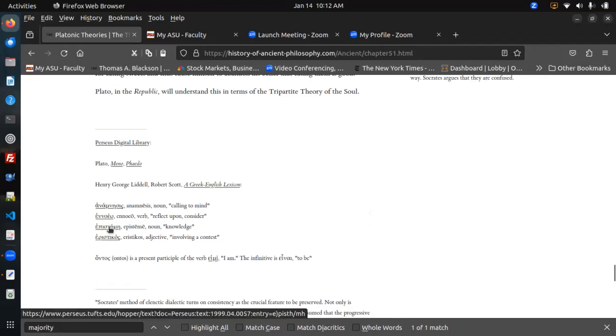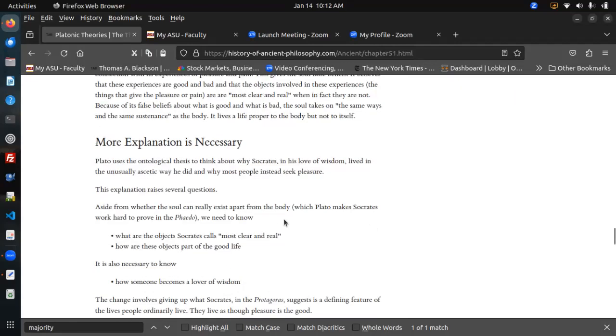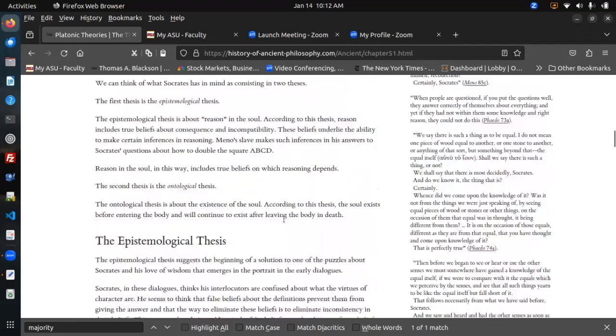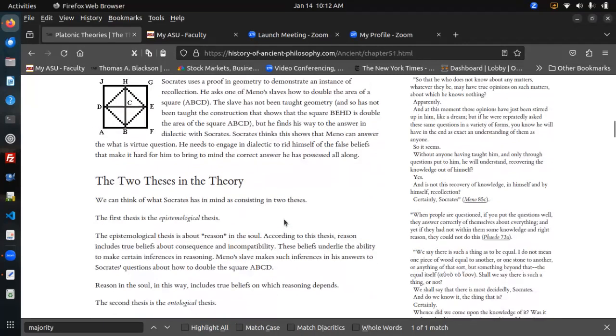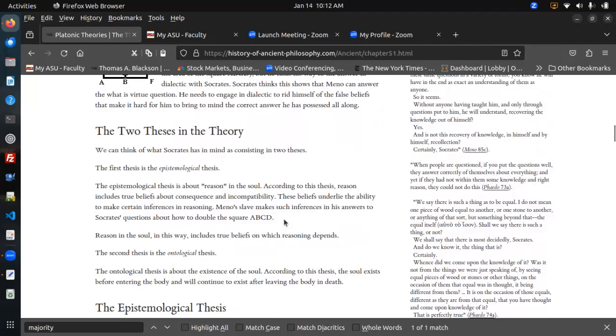Yeah, here it is. It just means knowledge. And so we call this part of the theory of recollection the epistemological thesis after this Greek word. And the thesis is that we have reason, this power in the soul. That's part of what we get when we have a soul, insofar as we're human.